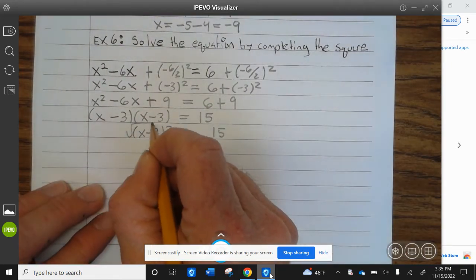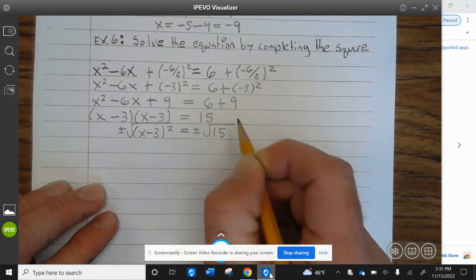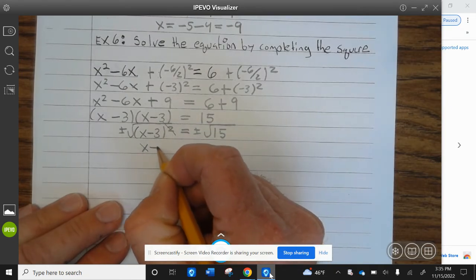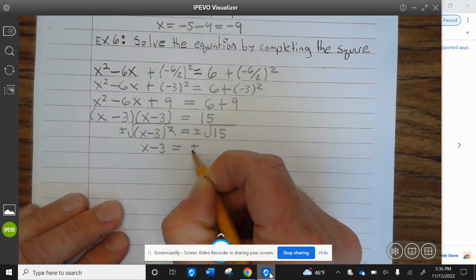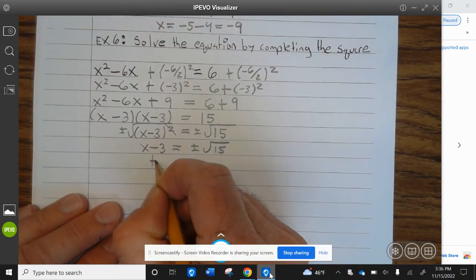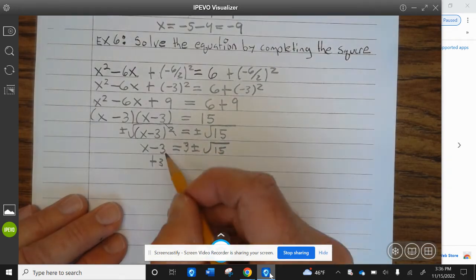Take the square root of both sides. Remember, plus or minus. So then the square root cancels the square to get x minus 3 equals plus or minus the square root of 15. Add 3 to both sides. That becomes 0.